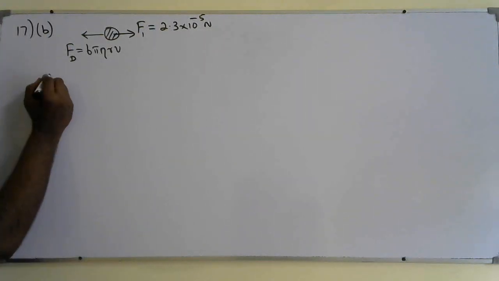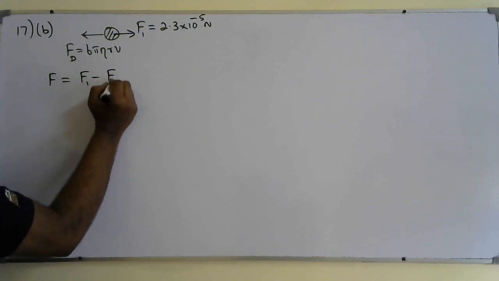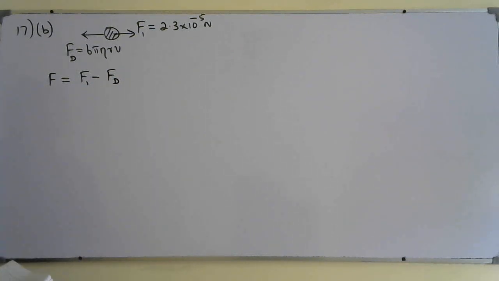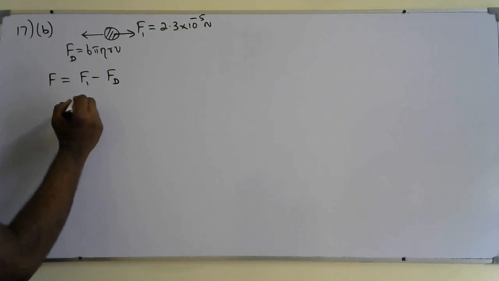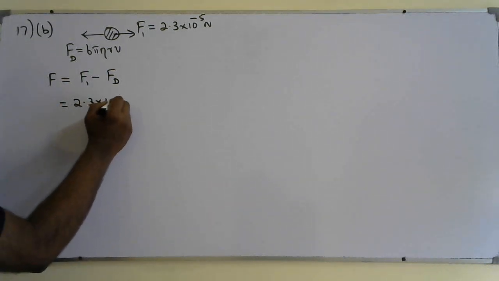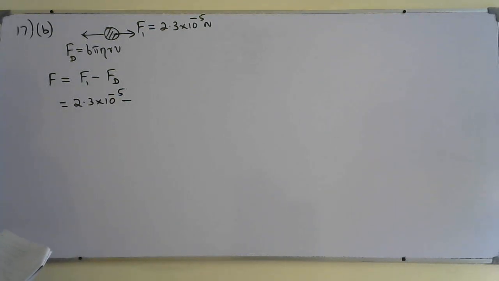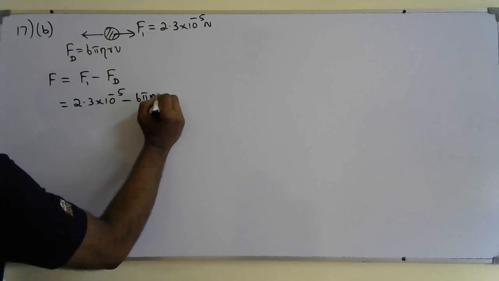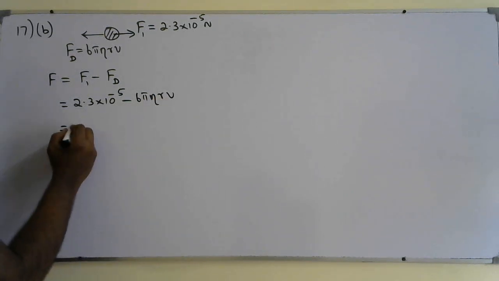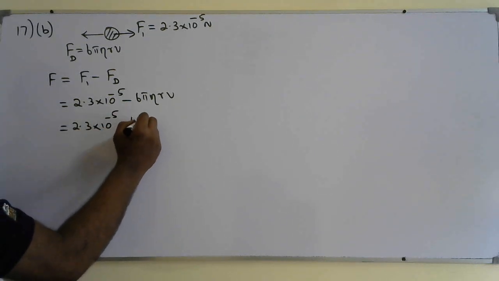So I can say the resultant force F equals F1 minus FD, the drag force. We know F1, which is 2.3 × 10^-5. The drag force we know is 6πηRV. Substitute the values: 2.3 × 10^-5 minus 6π.